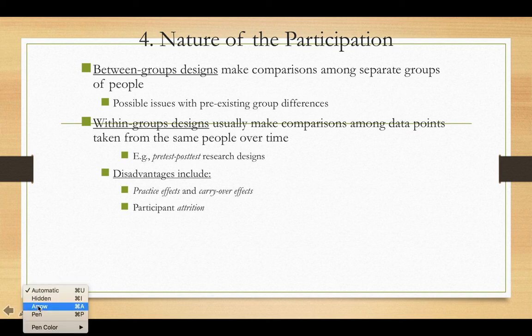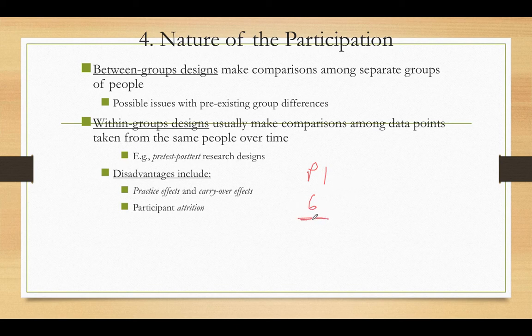So for example, let's say participant number 1 comes in and we give them 6 beers. We're going to look at their locomotor movement after consuming alcohol. We give them 6 beers at time 1. Now participant 1 comes back, and at time 2, we give them 12 beers because we want to see the effects of drinking a 6-pack versus a 12-pack.